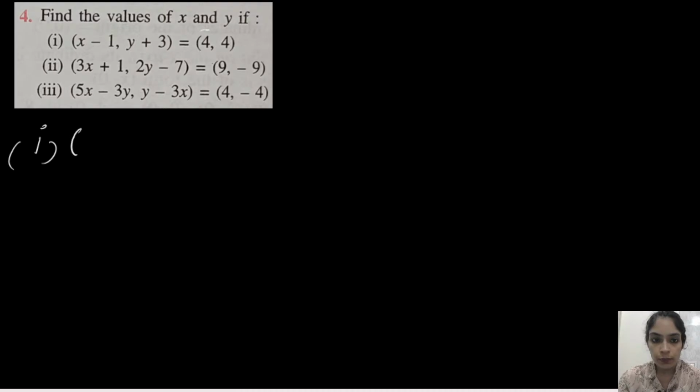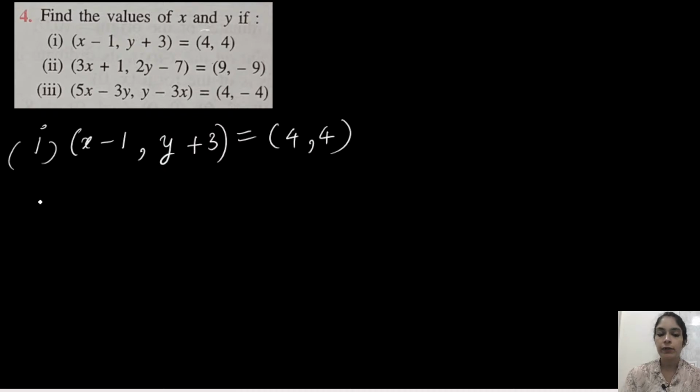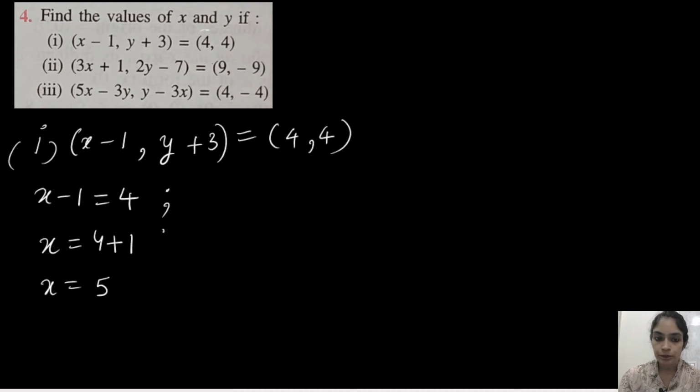Like if I see the first one, x minus 1 comma y plus 3 is equal to 4 comma 4. So the first is equal to the first because these two are equal. So x minus 1 is equal to 4. Let's simplify for the value of x. Minus 1, when we shift it to the other side, becomes plus. So 4 plus 1, so x is equal to 5.